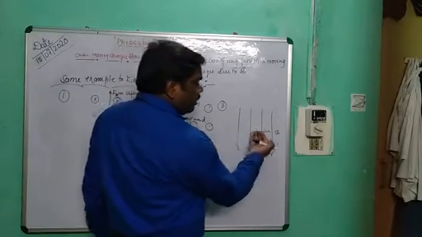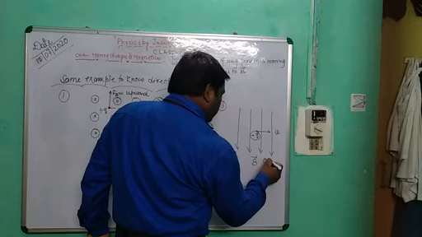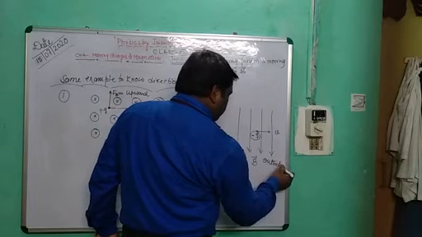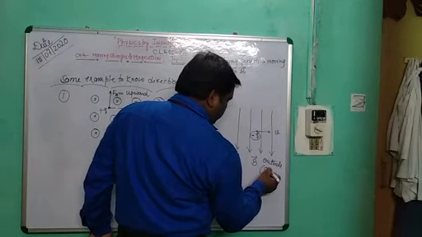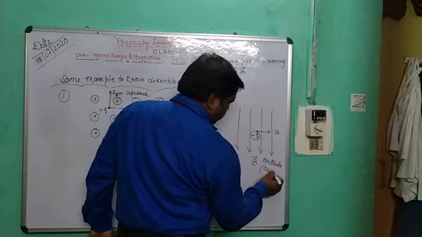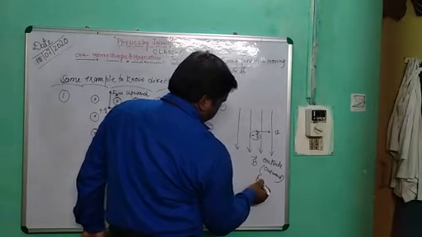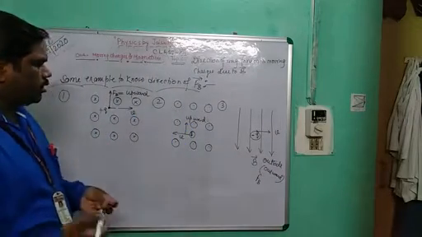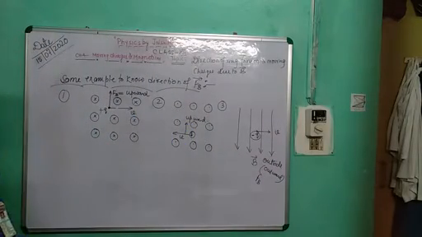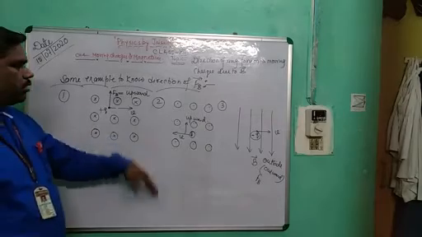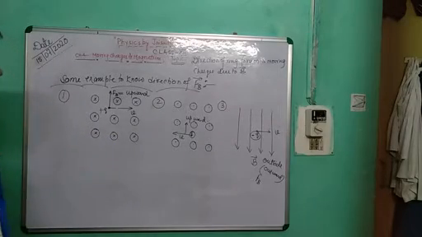So the opposite of inside is outside, or outward. This is the direction of the force. This is how we can apply Fleming's left hand rule to calculate the direction of magnetic force.